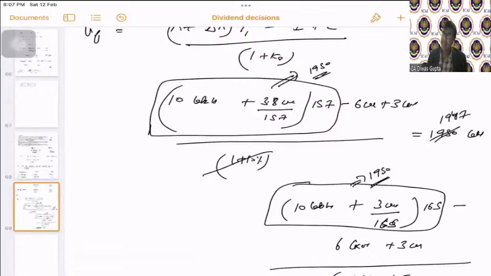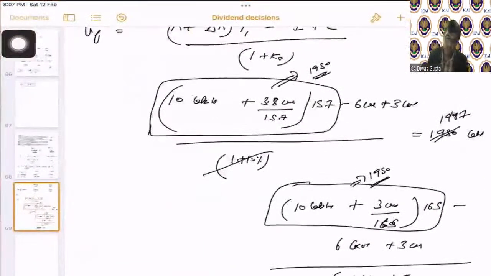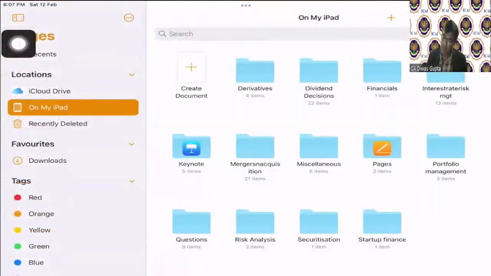So students, with this, the dividend decisions from my end is actually over. The discussion on dividend decisions from my end is actually over. Now let us actually go back to some of the things from the risk management, risk analysis.